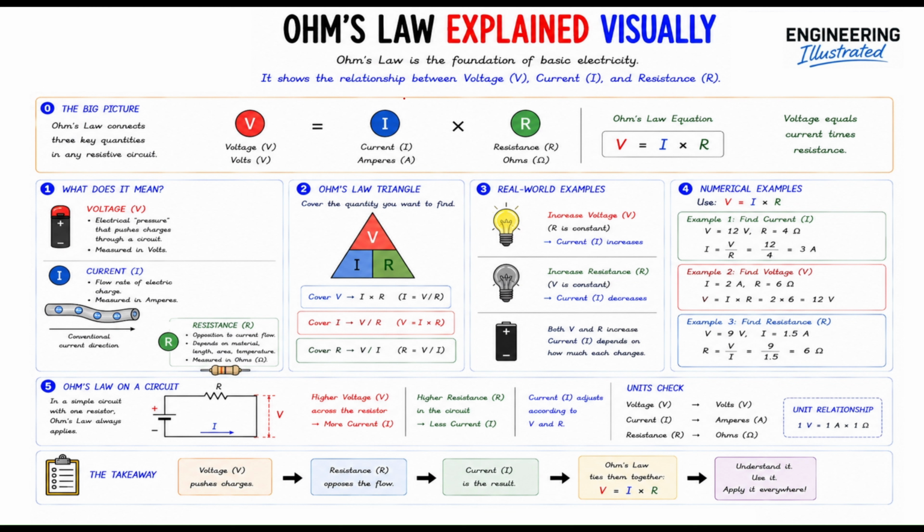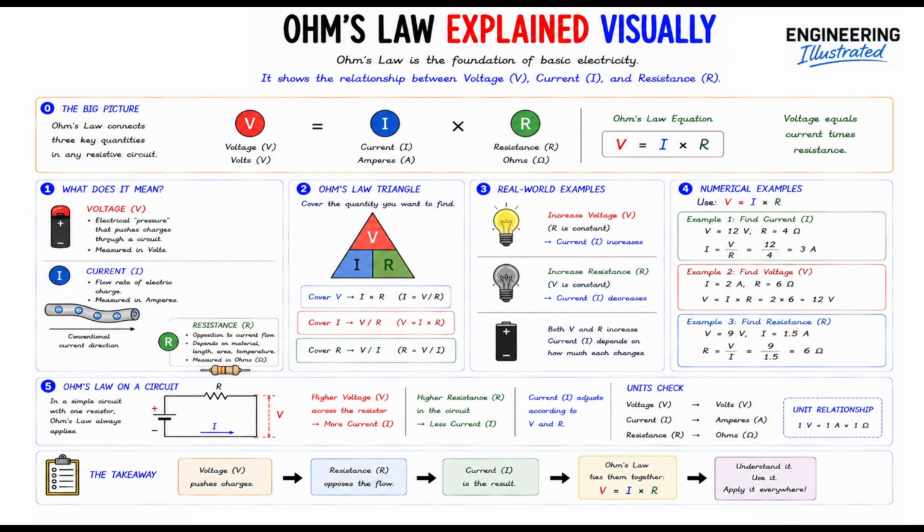So basically, the law states that voltage is equal to the current multiplied by the resistance. And mathematically, we can write the equation like this: V is equal to I times R.